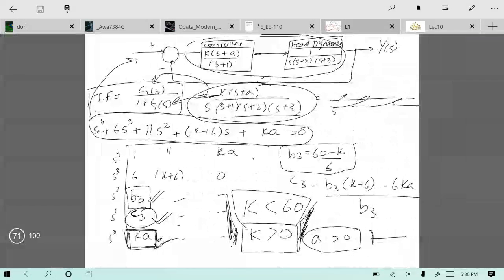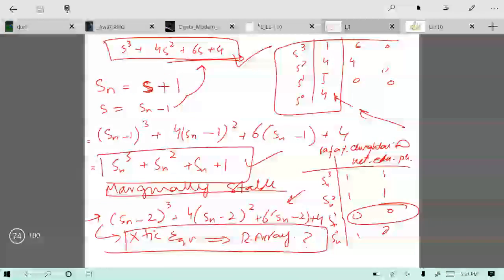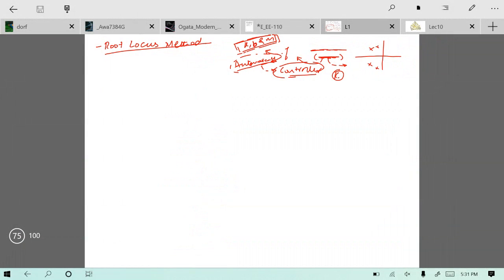Whenever the value of this gain k changes, zeta will change, the characteristic equation will change, and the location of poles will change. So we have concluded that the location of poles can be changed.